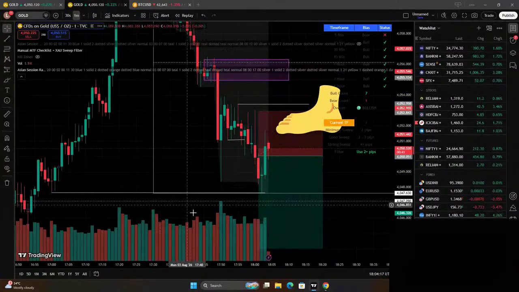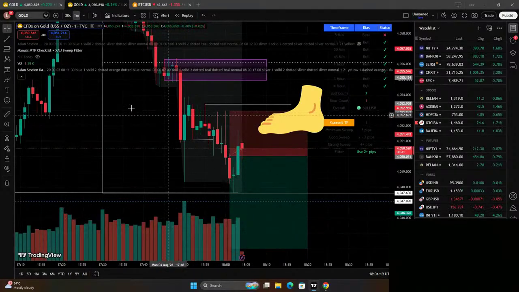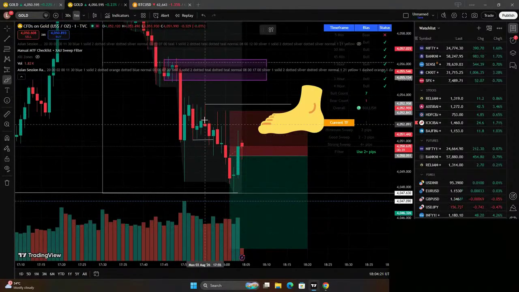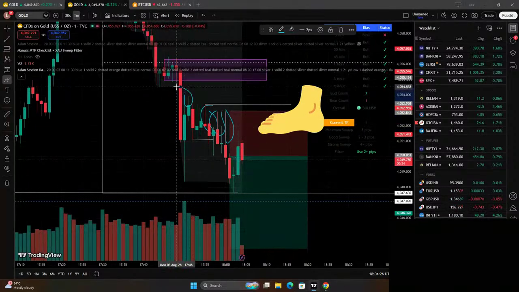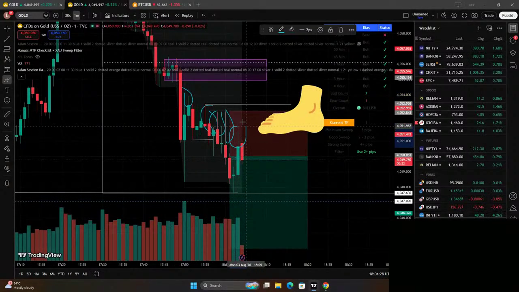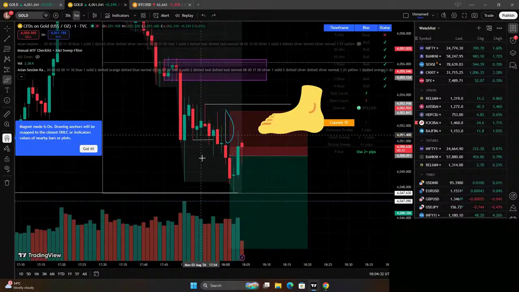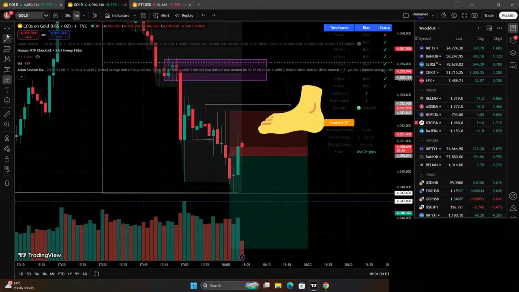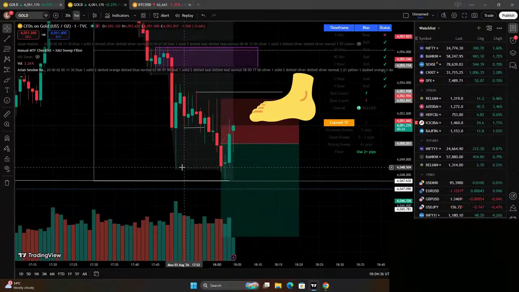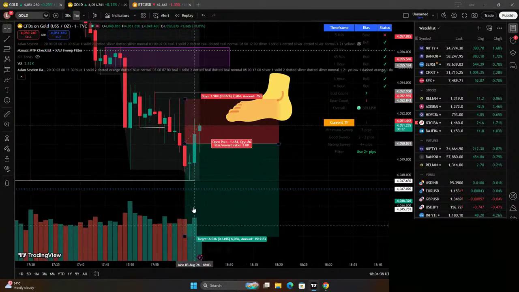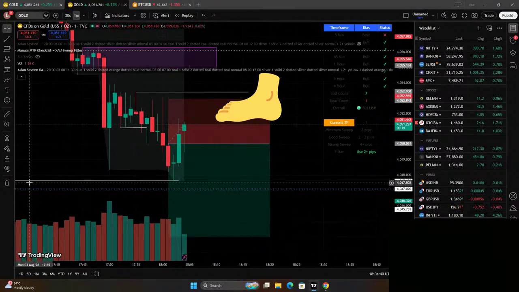It is an engulfing candle, but you can see there are huge wicks. Here also wick, here also wick. So it might go into selling. If you are holding it, then I don't know personally what to do. Still can go up, still can go down. There are 50-50 chances right now.